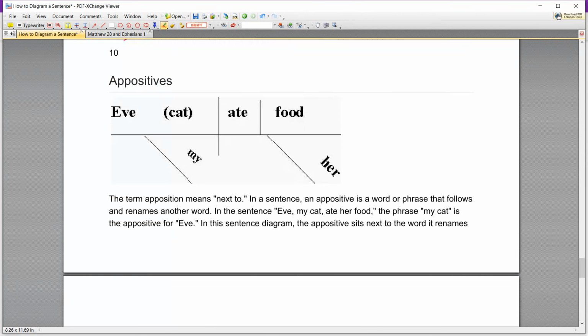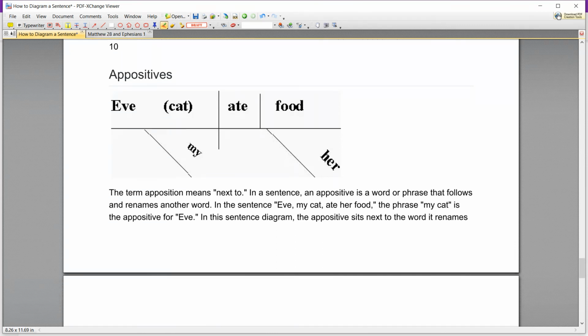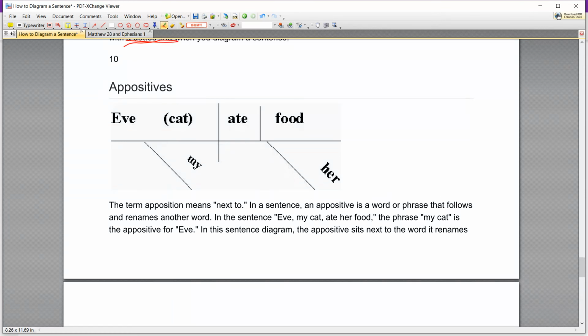The last one, not the last one, but the last one on this handout, is appositives. Appositive means next to. It is a word or a phrase that follows and renames another word. So here: Eve, my cat, ate her food. Eve is the subject, and then it's followed by my cat. So this one is an appositive.